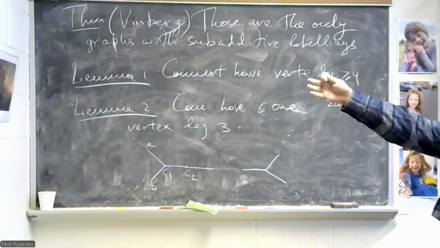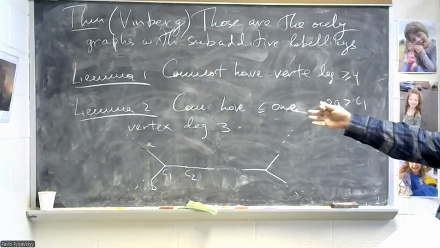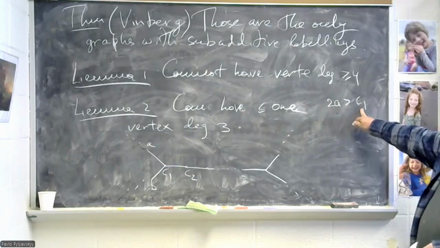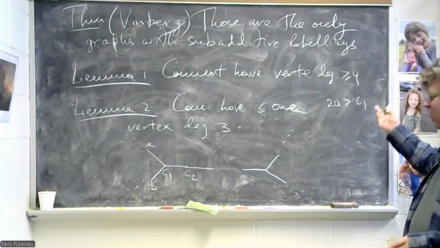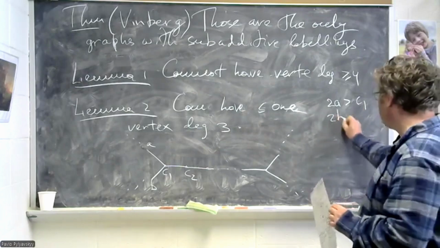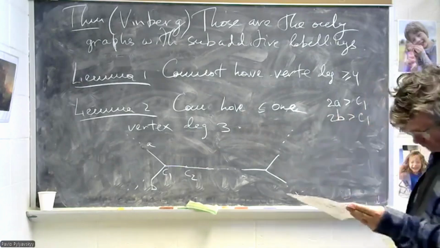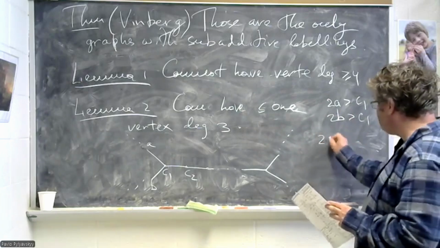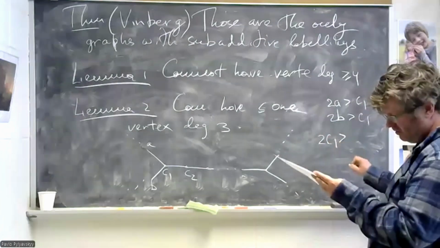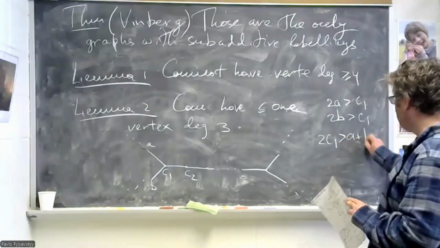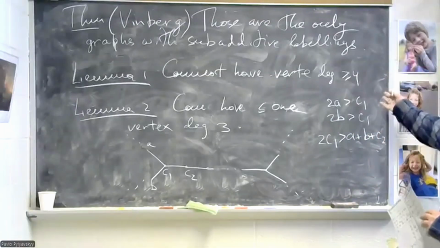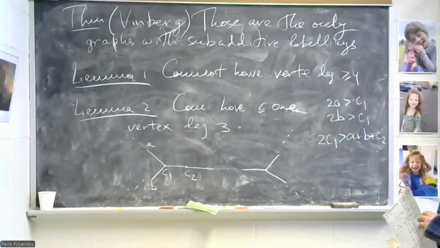A might have some other neighbors too, but the sum of neighbors is at least as big as C1. Everybody agrees? Now similarly, 2B is bigger than C1. But we can also say that twice C1 is bigger than A plus B plus C2. This is just from the definition of subadditive labeling.